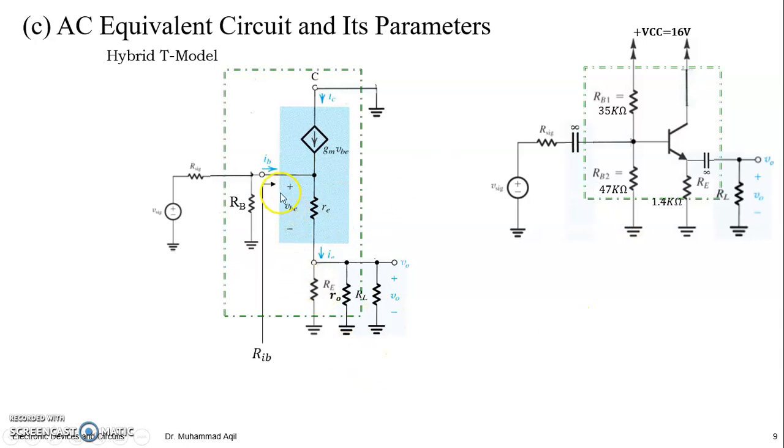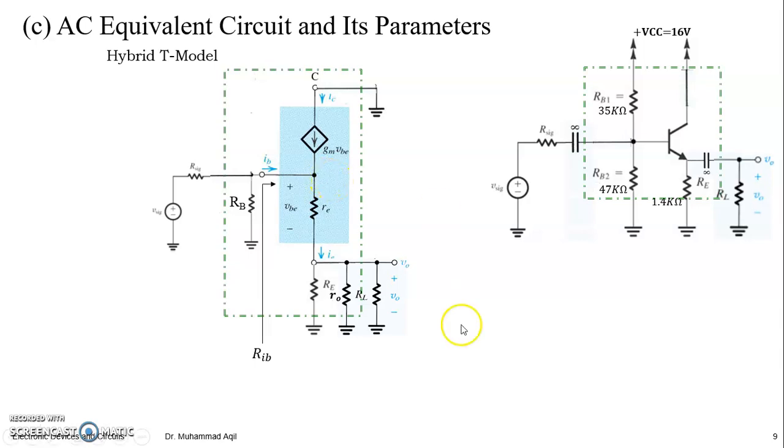So here we already know that if we are going to see at the base into the transistor, it means we are looking at the internal resistance of the transistor while looking at the base, right? So we can have RE here, but it is at the emitter side, so it will be reflected here as (1 plus beta) RE.